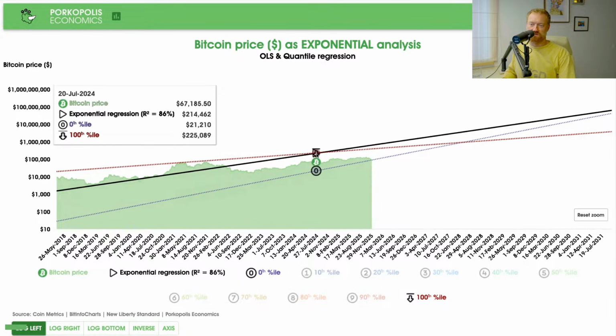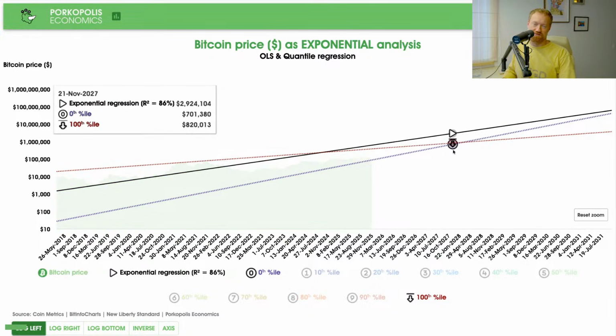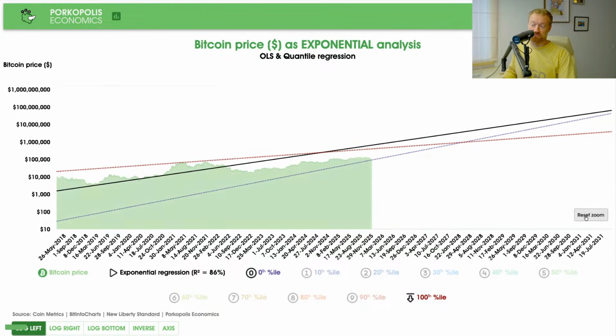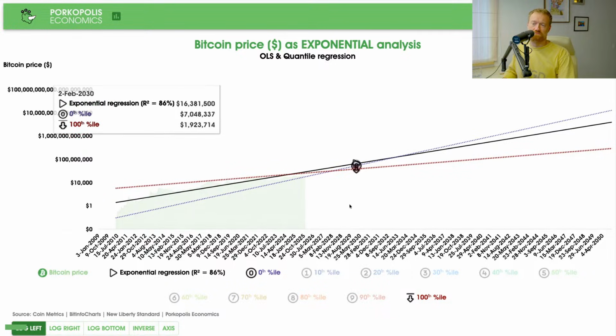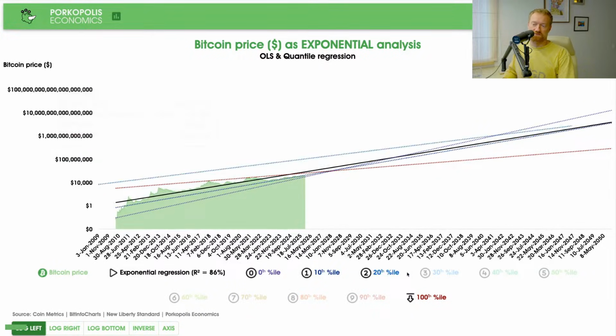The OLS crosses the 100th percentile right here, and then the 0th, or really the 0.0001 percentile, crosses the 100th 3 years from now. 2.5 years from now, less. Complete wackiness. That's a broken model. That's a model that's not working. I don't even have to show you the other ones.